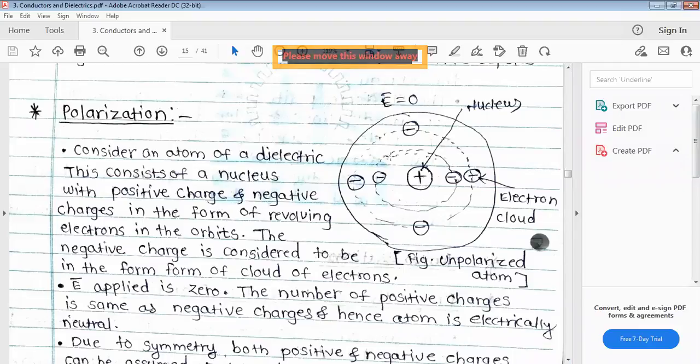So you can consider one atom here. The nucleus is there and there are electrons, which is called the electron cloud.